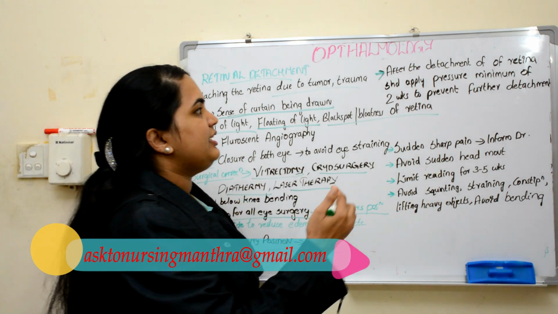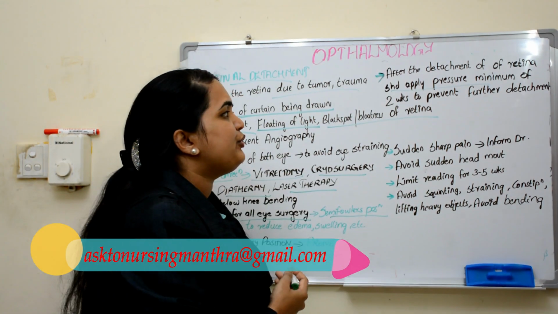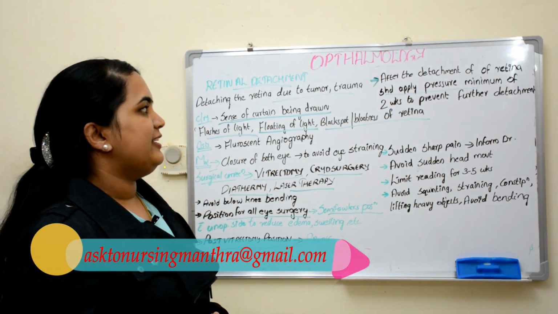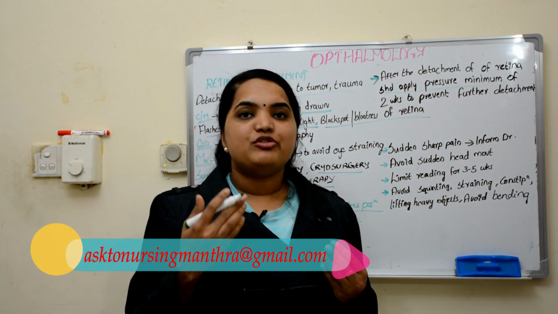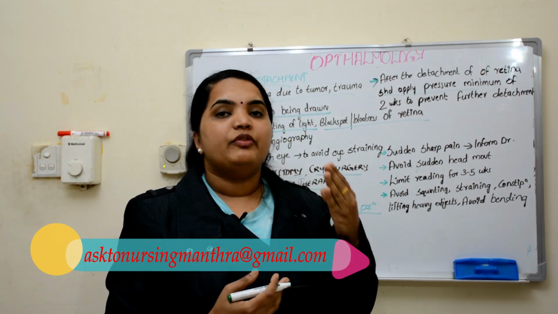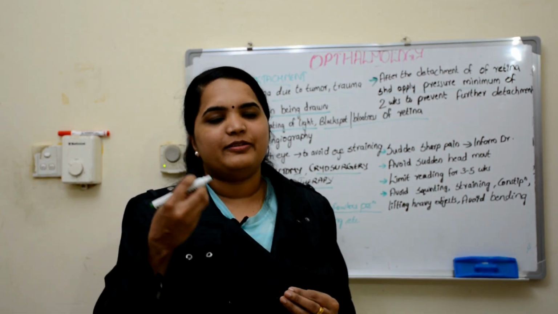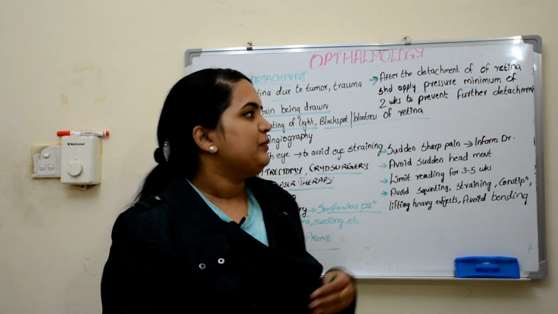After the detachment of the retina, we should avoid pressure for a minimum of 2 weeks to prevent further detachment. So we have to avoid pressure in the particular area where the retina is detached, to prevent further detachment of the retina. That is important.